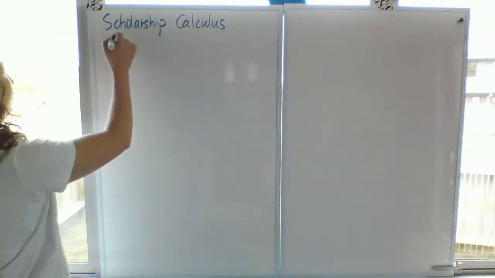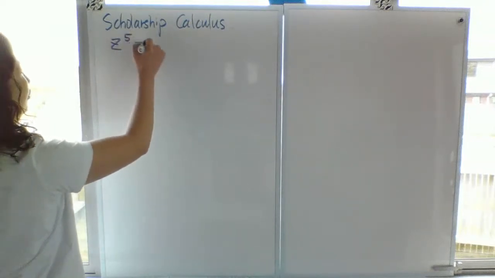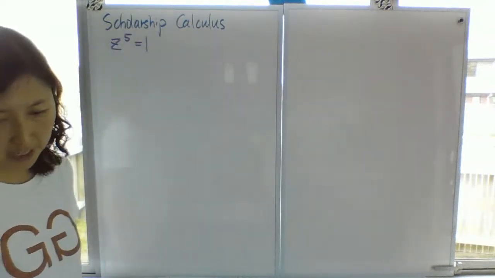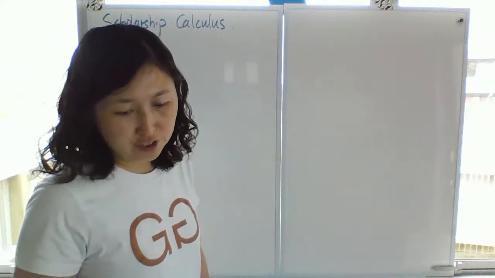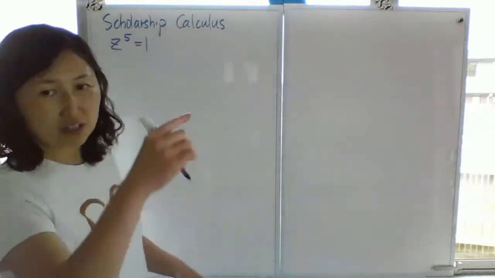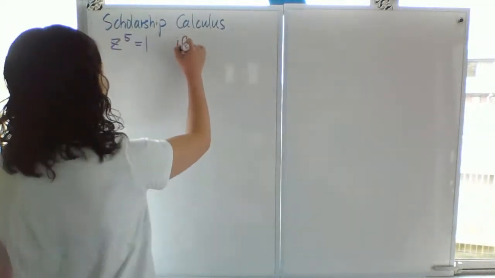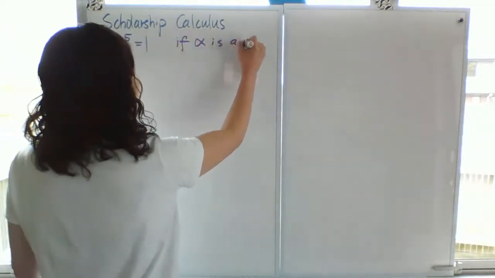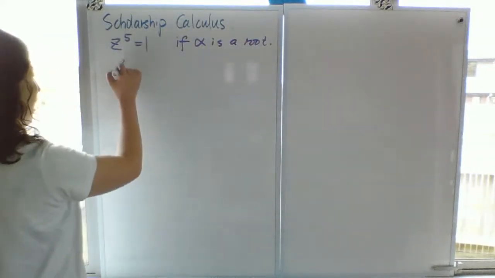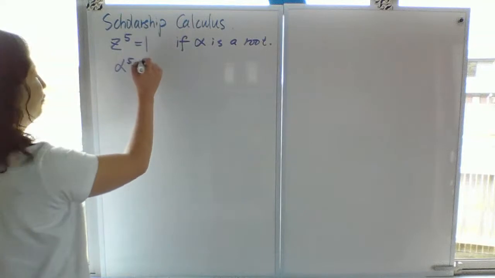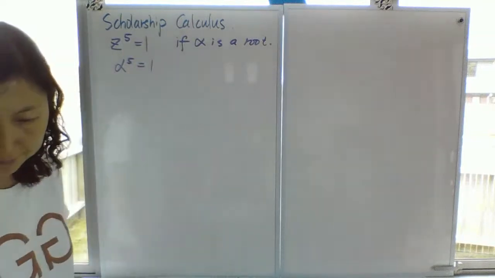z to the power 5 is equal to 1. Okay. And they're saying that alpha is a root, because they use lots of alphas here. So if alpha is a root, that means I can say alpha to the power 5 is equal to 1.